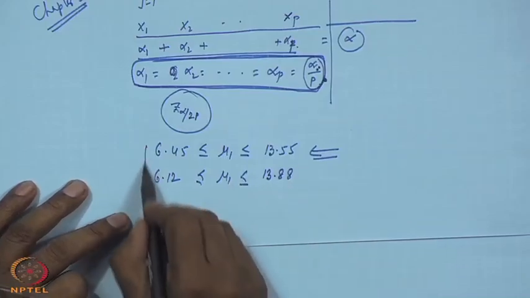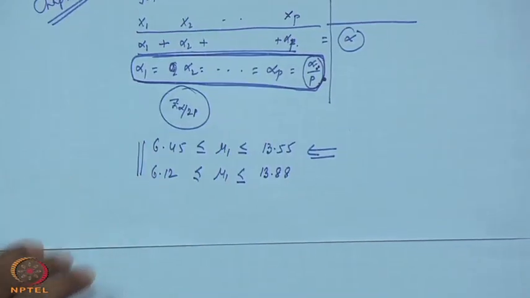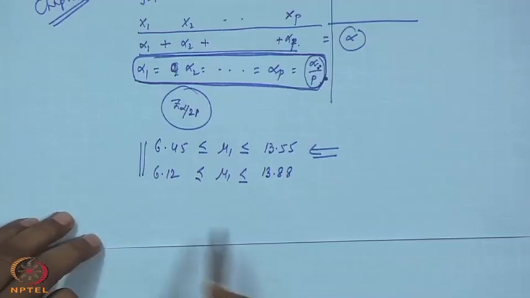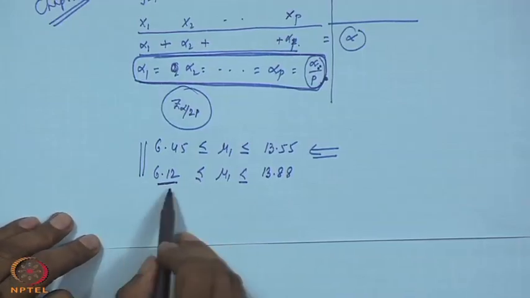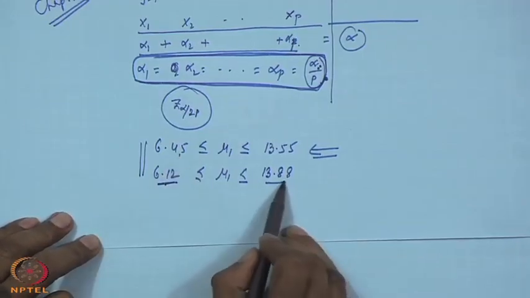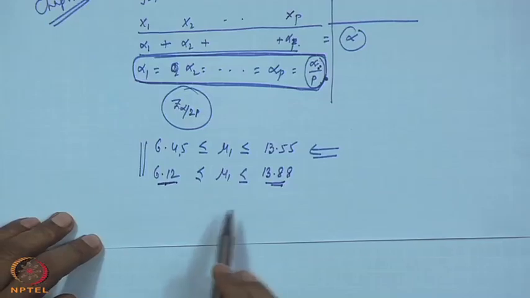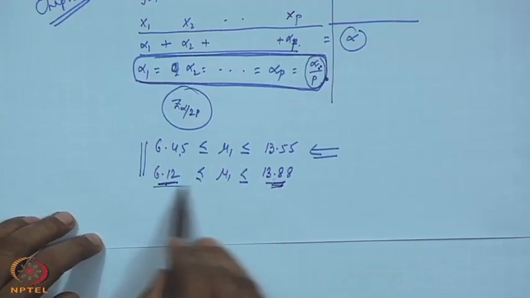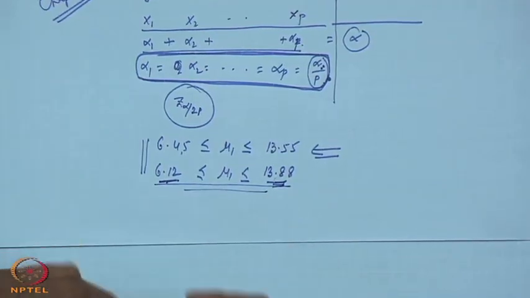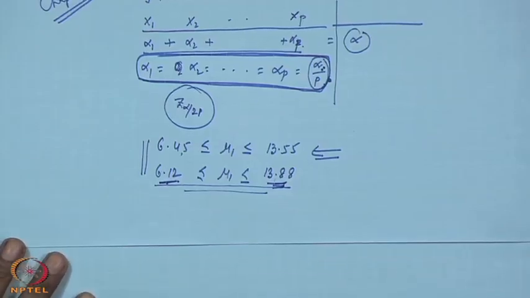Okay, there is a little difference. There is a little difference, almost; this 6.12 is less than this one, and this one is more than this. So, a little difference is there, and that difference will always be there, because you are using different alpha values, and here it is the T distribution, there it is the F distribution.